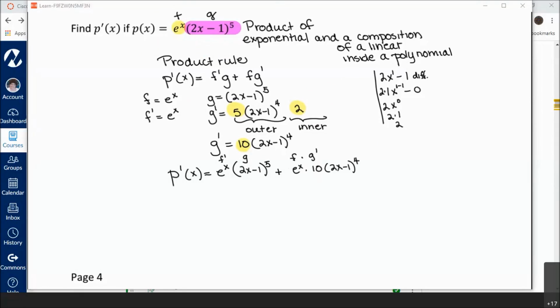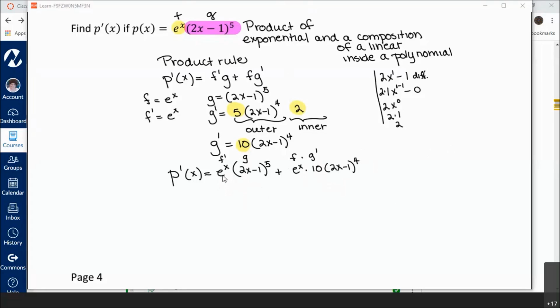Okay? Everybody all right with that? Okay, just plop it right in the pattern. So I'm using this pattern up here, and I'm just saying here's f prime, here's g, here's f, here's g prime. If you want to walk away from it at this point, that's perfectly okay.